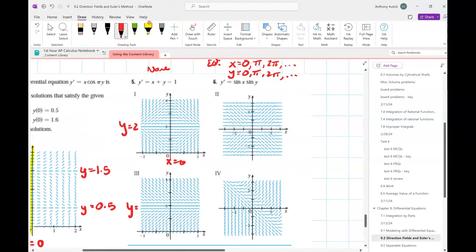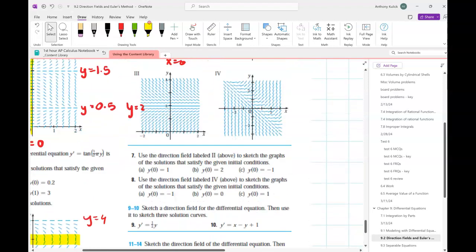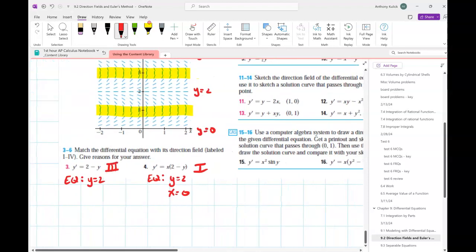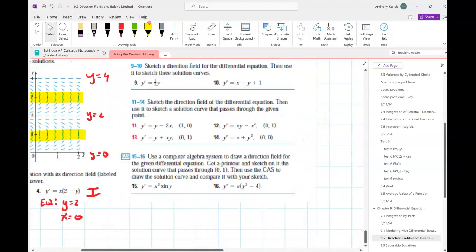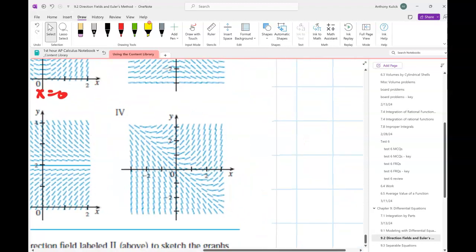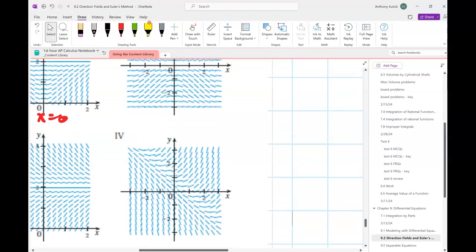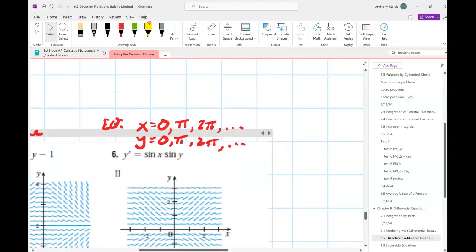Here I see just y equals 2. So that would have matched up with number 3. Here I see no equilibrium values. So that one should match up with number 5.